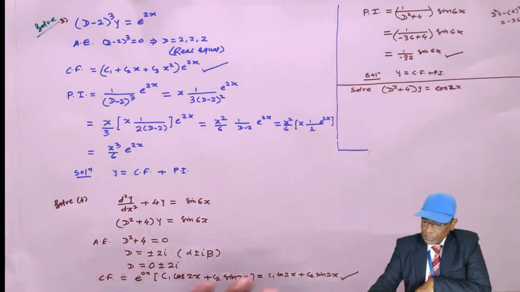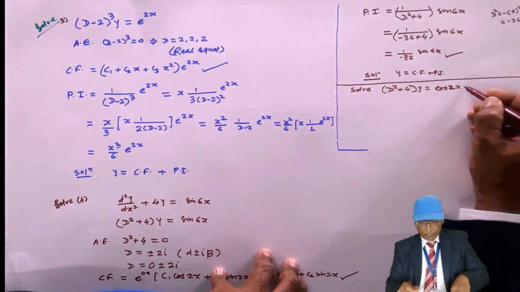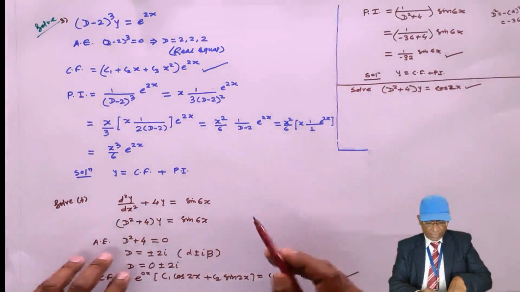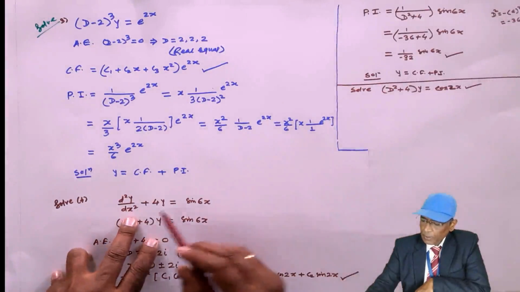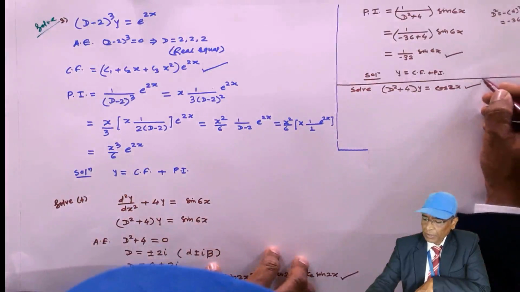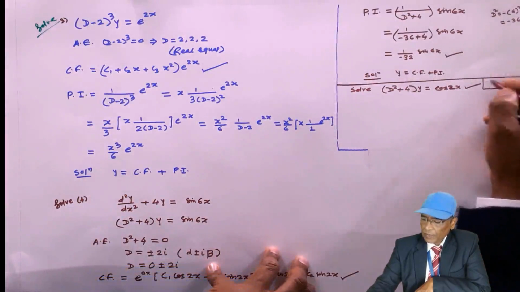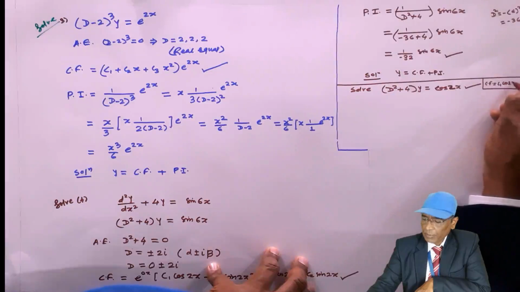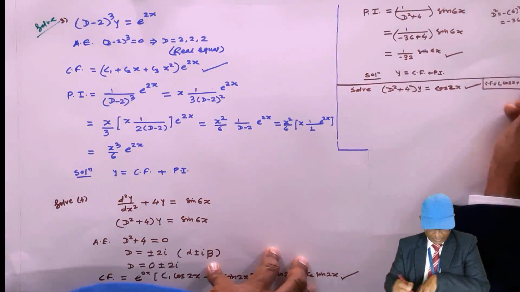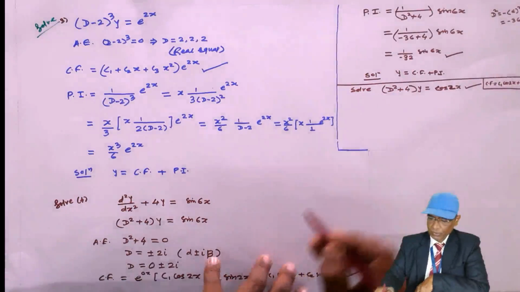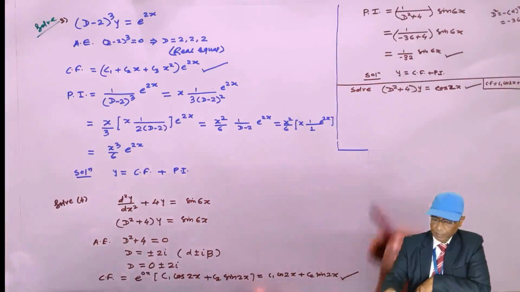Here in this problem and the previous one, the left hand side is the same, therefore the complementary factor is the same. Okay, the complementary factor is what? C1 cos 2x plus C2 sin 2x. That we have written here. This is the complementary factor for this because the left hand sides of these two are the same.